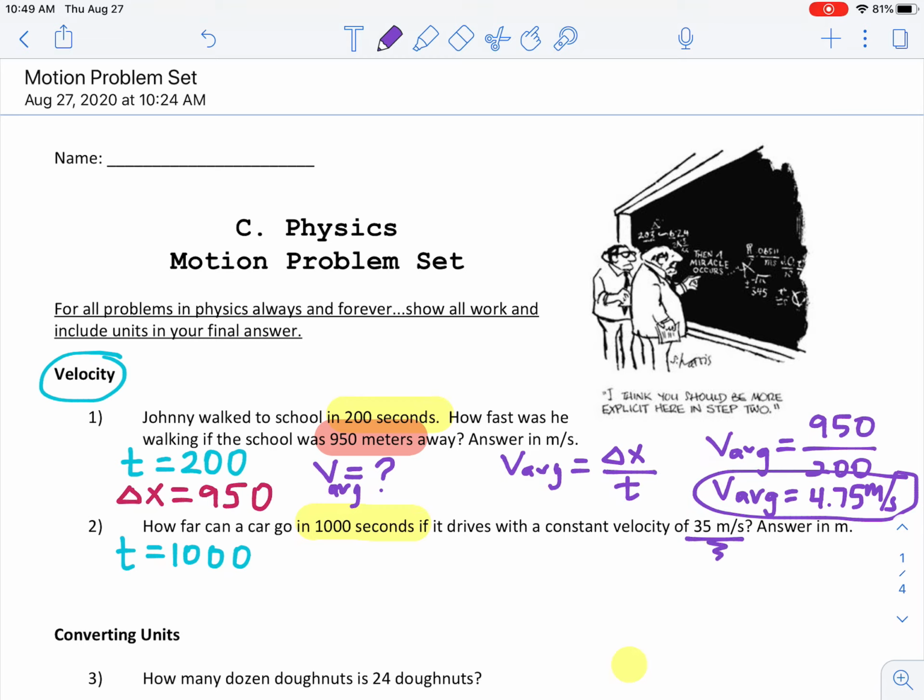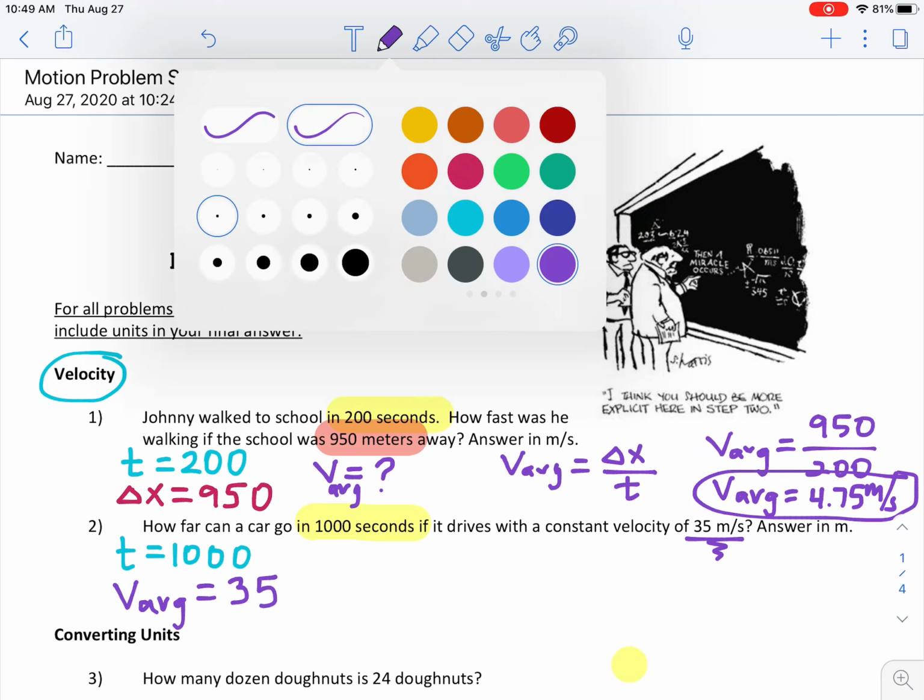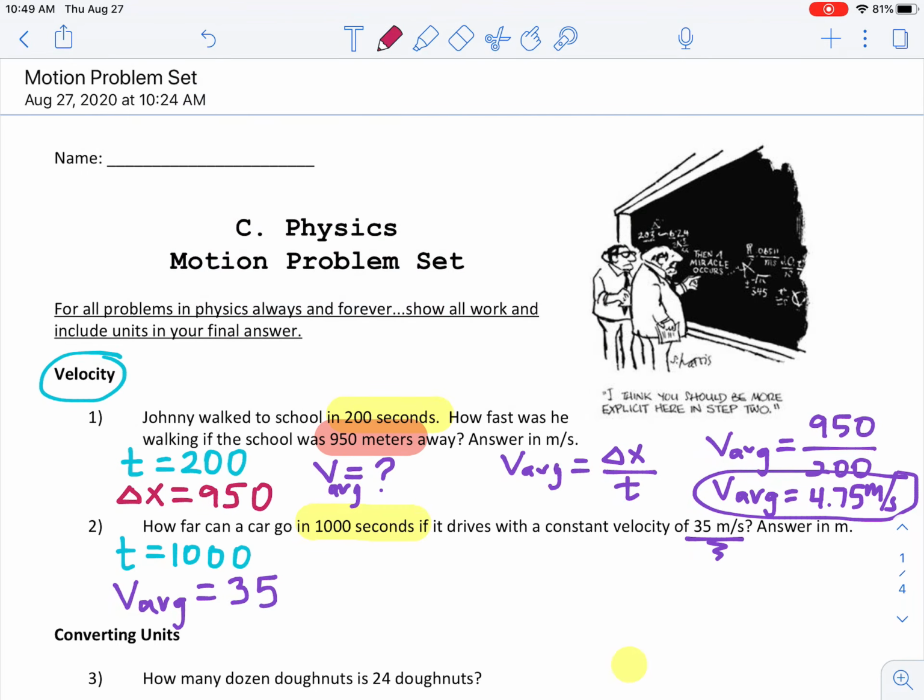So I now have this average velocity of 35 meters per second. That's what I'm going to write as my V average. And now we're solving for something different here. We're solving for distance, so that's what I'm going to write as my question mark.